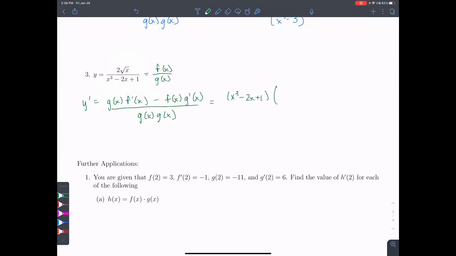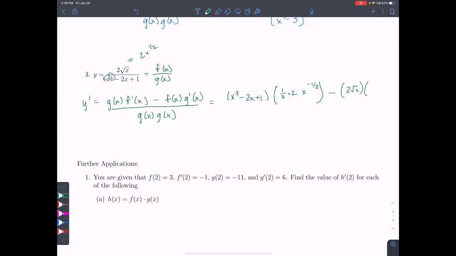So that is a 1/2 times 2 times x to the negative 1/2. This is 2x to the 1/2. So exponent down front, decrease it by 1. Then, so that's low d high minus high, so 2 times square root of x, d low, so the derivative of the bottom.